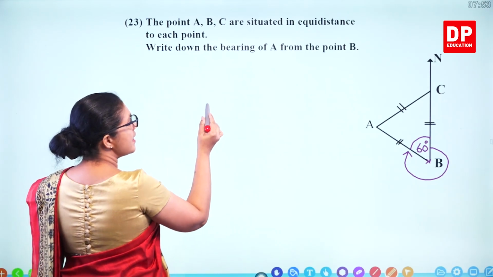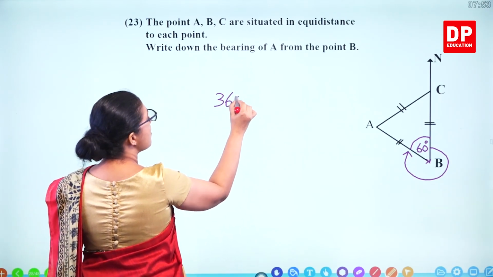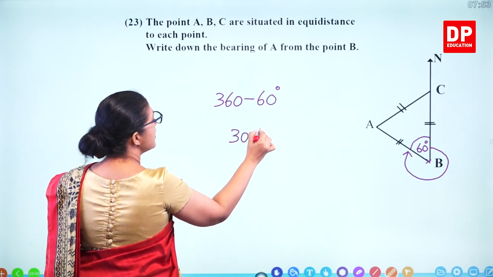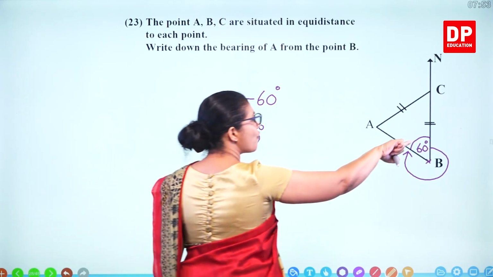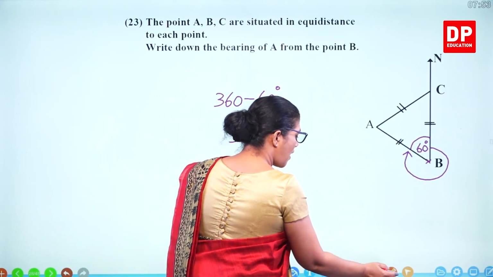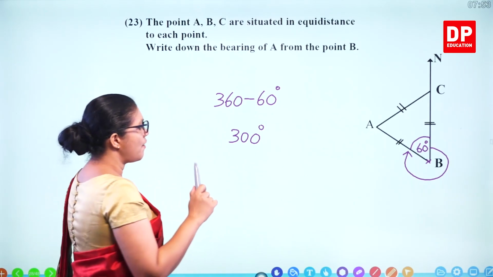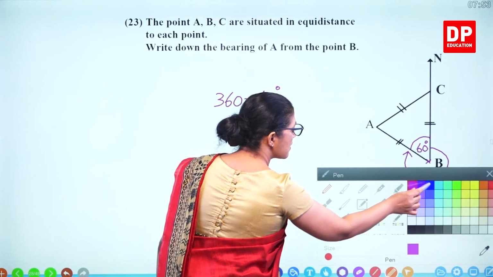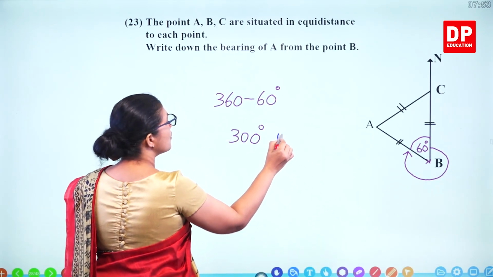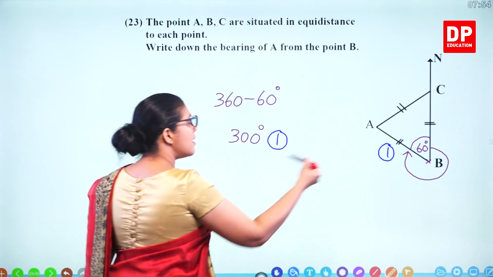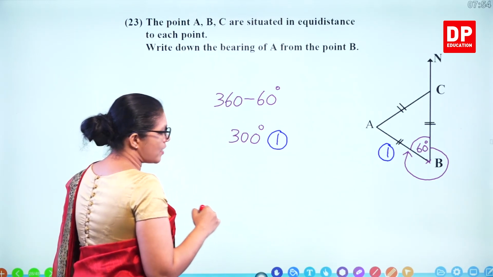So the bearing is 360 minus 60, 300 degrees. From north, clockwise is the bearing, and you have to write it in 3 digits. One mark for identifying the clockwise direction.